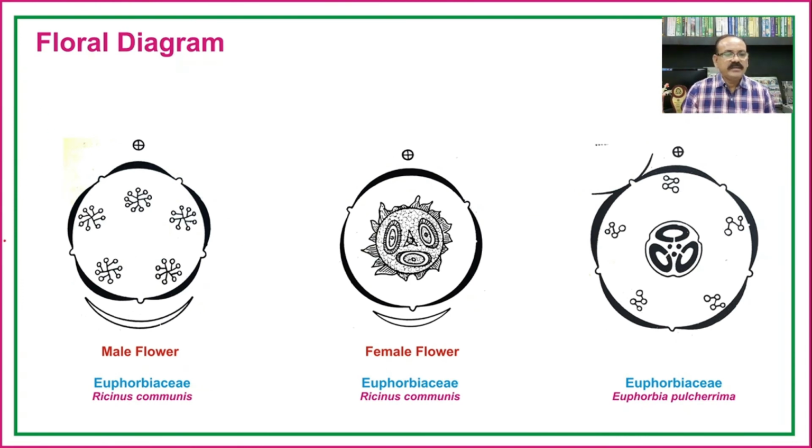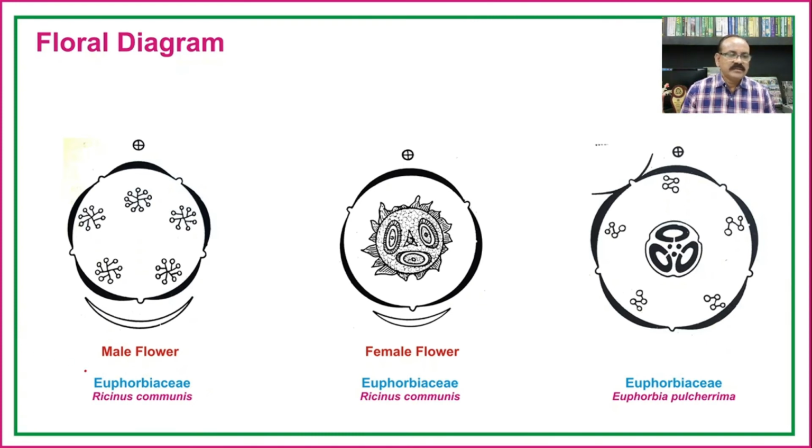The family Euphorbiaceae is a very advanced family with respect to floral characters, and the characteristic feature of the family is the presence of unisexual flowers.